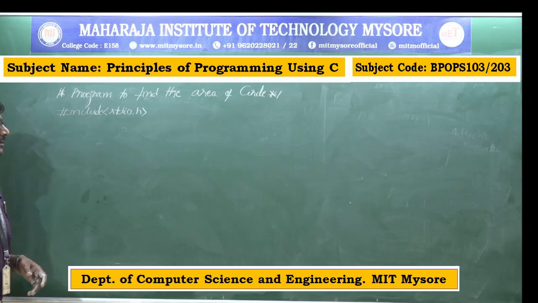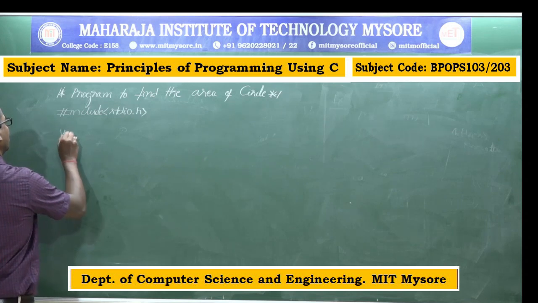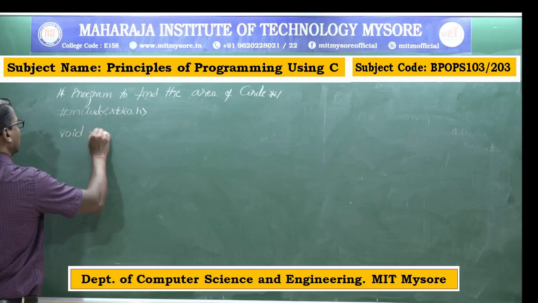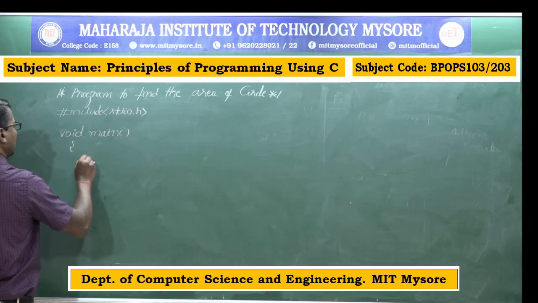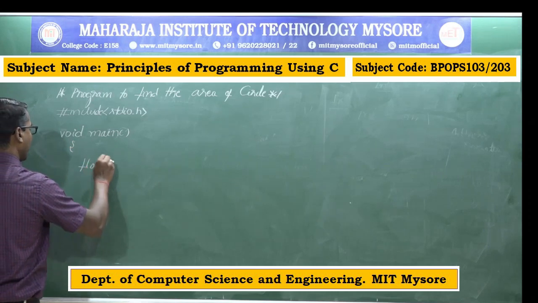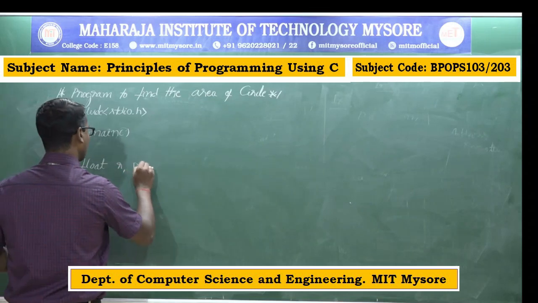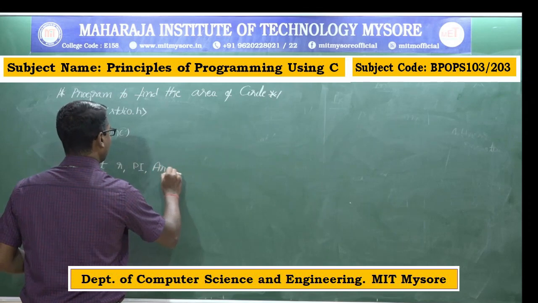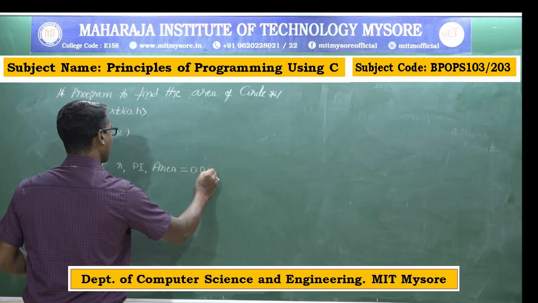stdio.h is the file inclusion, that is the link section. Void main. Here I am declaring three variables: float r, pi, and area is equal to 0.0.